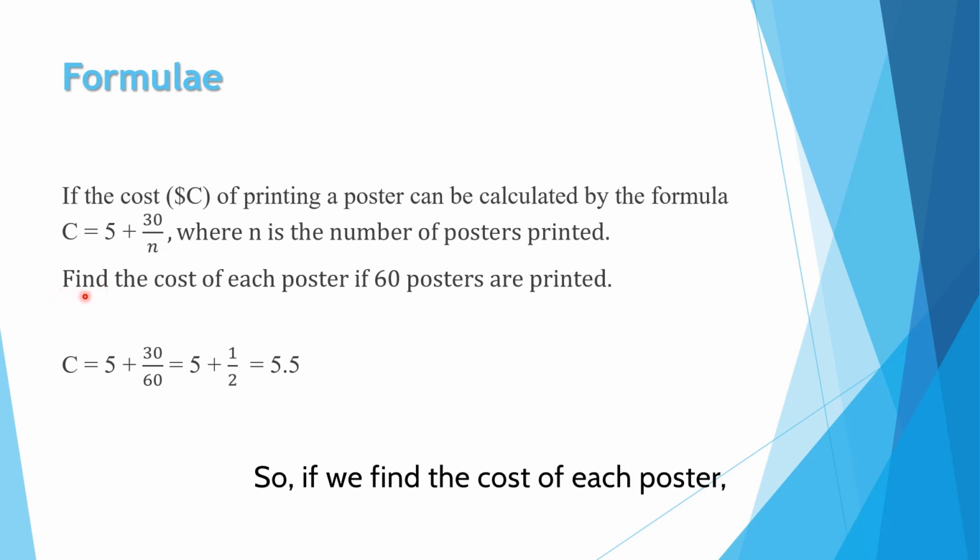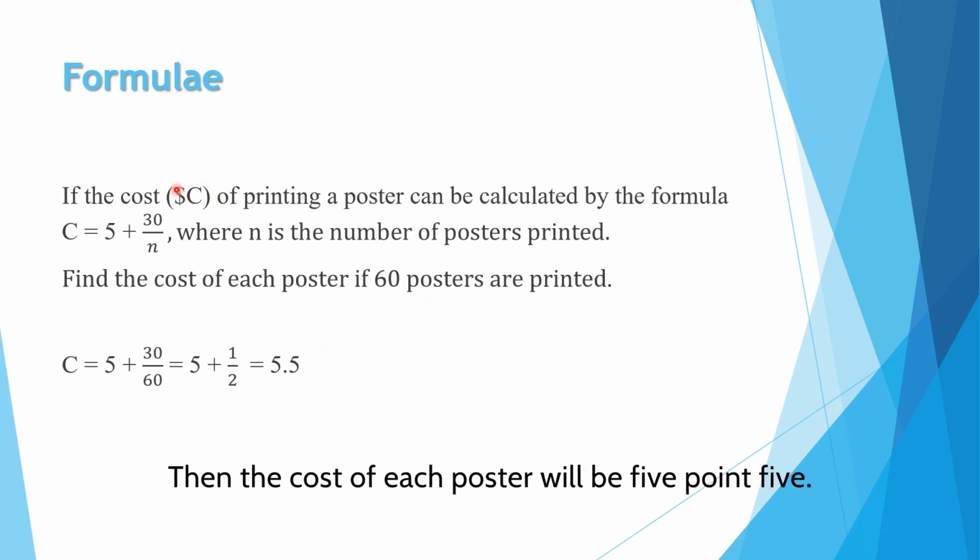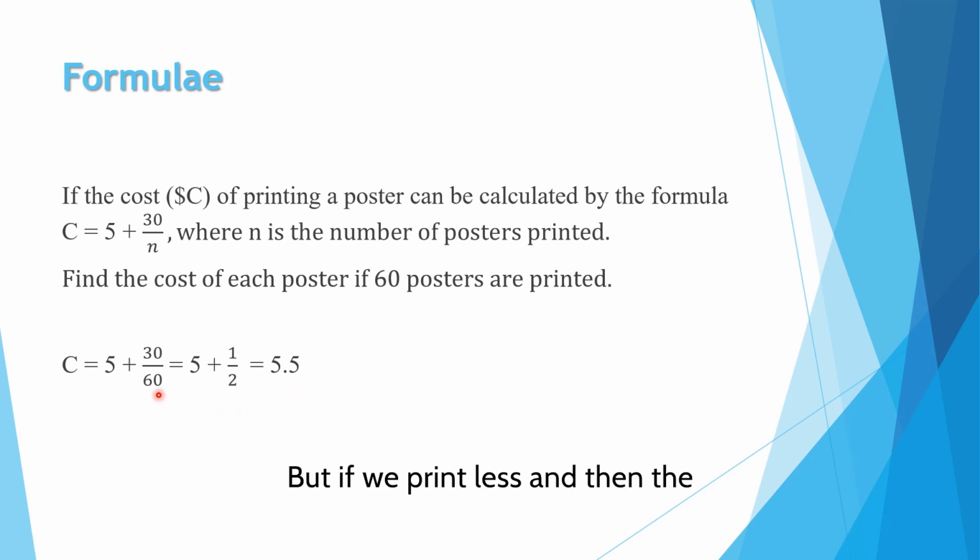So if we find the cost of each poster, and there are 60 posters to be printed, we can just substitute this number into n, and then we get 5.5. That means if we print 60 posters altogether in one batch, then the cost of each poster will be 5.5. But if we print fewer, then the cost will be higher for each poster. Usually it should be like this.